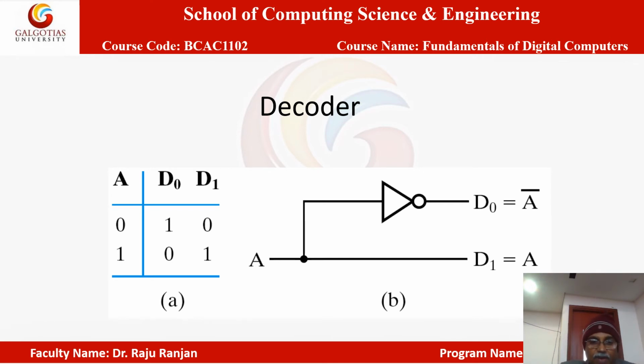So when 1 is the input to A, D0 will be 0 and D1 will be 1. Just the opposite of what we saw when the input was 0. When 0 is the input, D0 is 1 and D1 is 0, and when 1 is the input, D0 is 0 and D1 is 1.